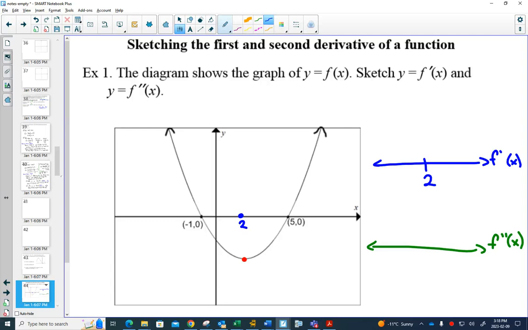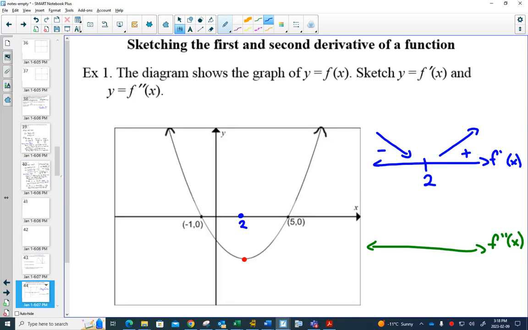You also know that the original function is going down and then up. From our first derivative, if it's going down, what number did we get in our first derivative? A negative. If it was going up, what number did we have in our first derivative?